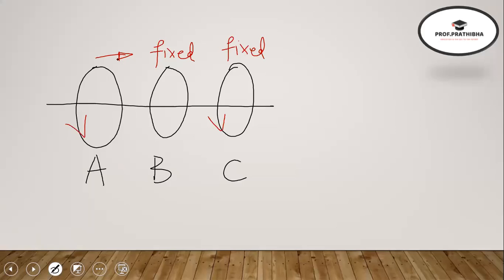So we have three coils, all in the same plane. Yes, there is current, correct.